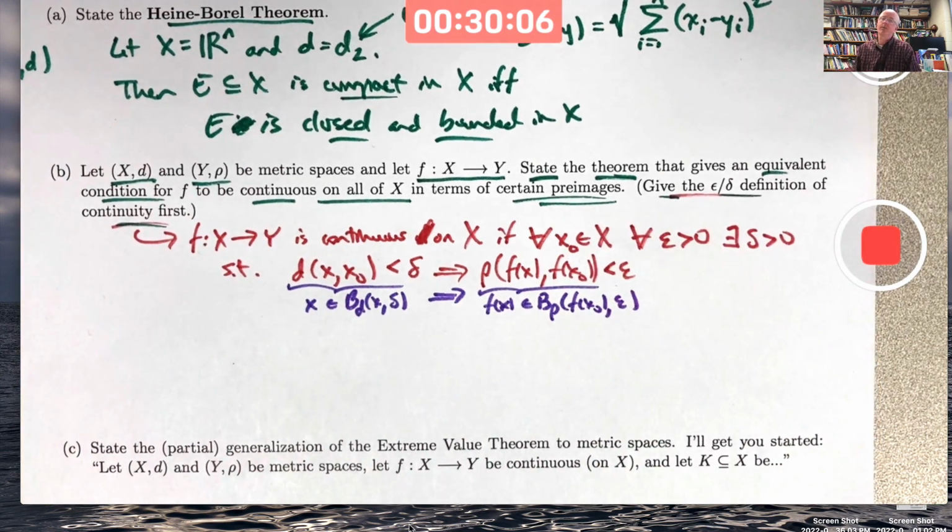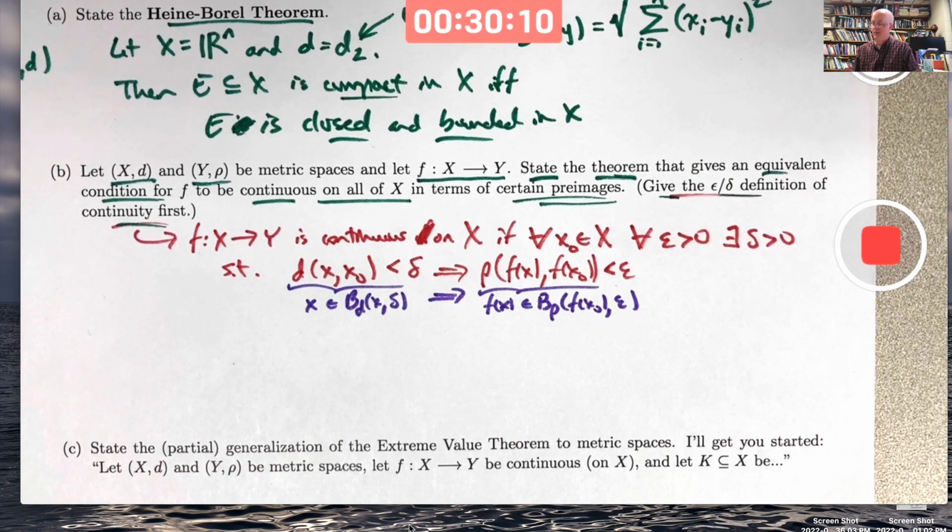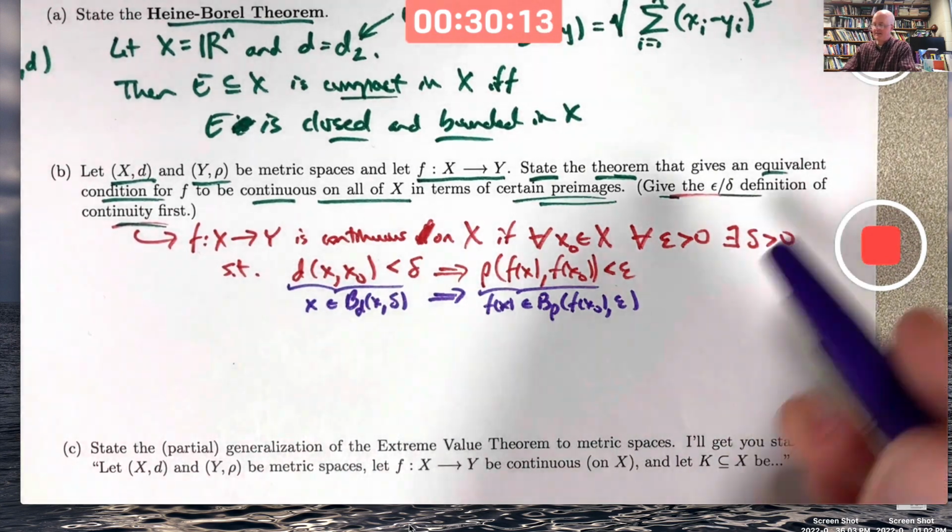That would be an alternative way to write that. For my students, either way is okay to write that. That's just the definition first.